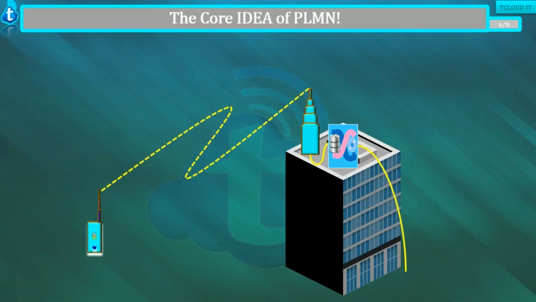And this radio antenna would be connected to the switch, which makes the decisions about whatever service the mobile user is requesting, whether it should be accepted or rejected.